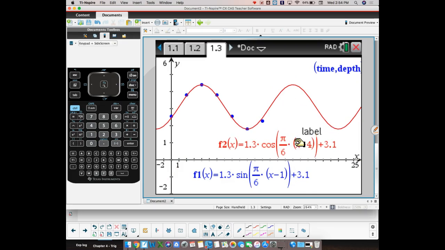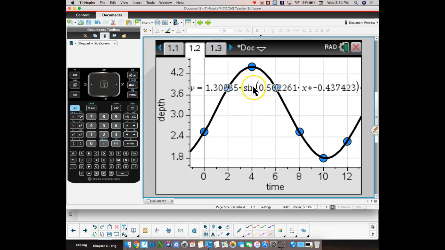Puts it right over the top of it. Which, if we go back and look at my regression equation here, 1.3 sine of, that's pi over 6, that's 1 times pi over 6 plus 3.1.